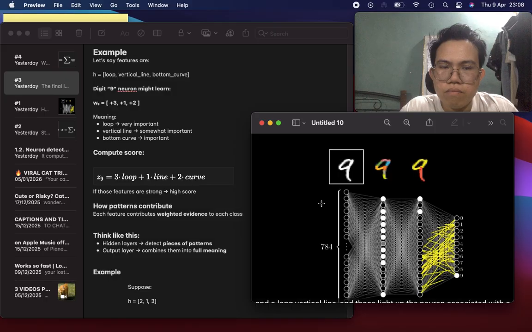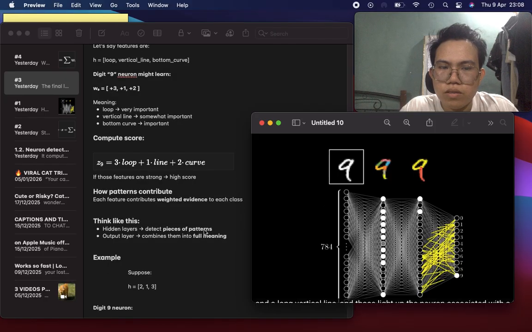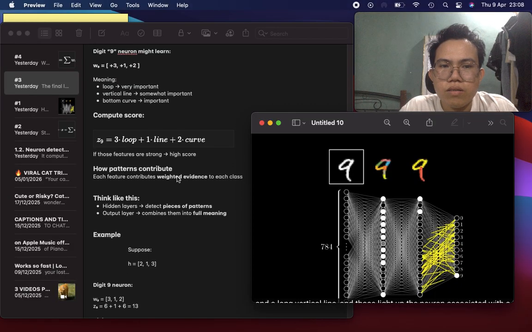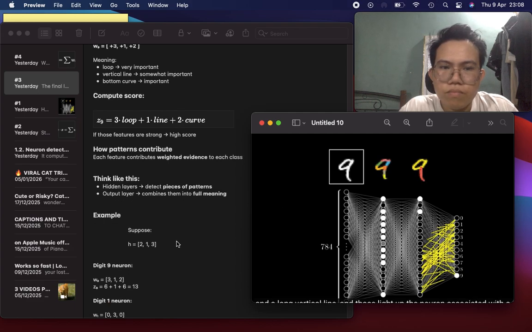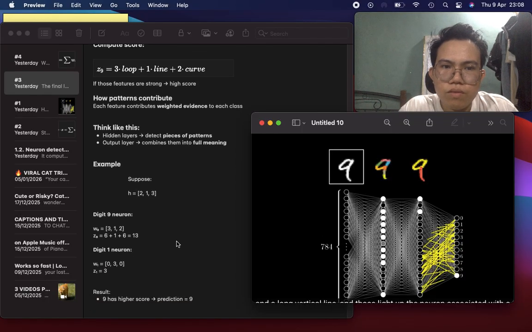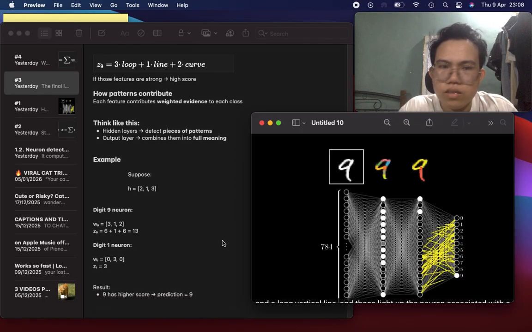Digit 9 might learn during training the pattern 3, 1, 2, or high, low, medium. So the loop is very important, the vertical line somewhat important, and the bottom curve is important. If those features are strong, then there's a high score.